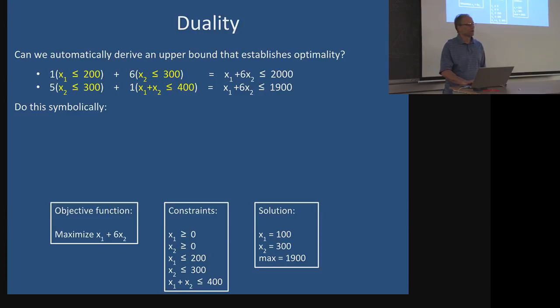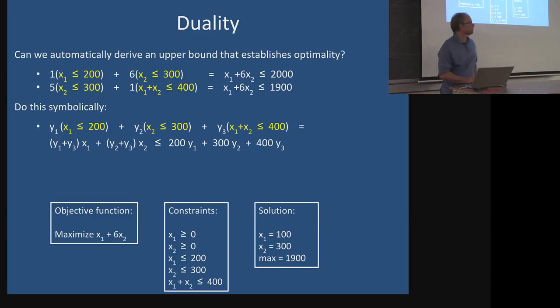Let's see here. Let's do it symbolically. What we're after is we want to multiply, I'm not going to worry about these constraints because we're trying to come at it from above. So I'm going to multiply each of those upper bound constraints by something. And we want to multiply by things so that it'll add up to what? So I've multiplied and rearranged my inequality.